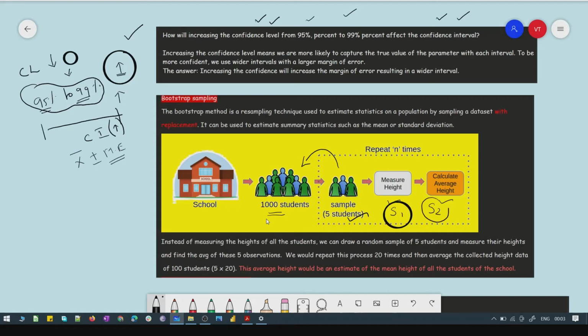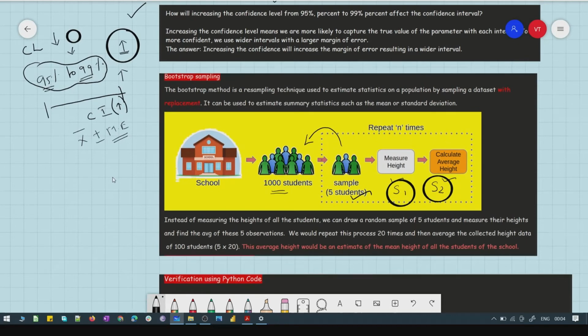Likewise I repeat this process based on my convenience or statistical knowledge. Let's say I repeat it 20 times, so I have S1, S2, S3 and so on till S20, and each sample has 5 elements.